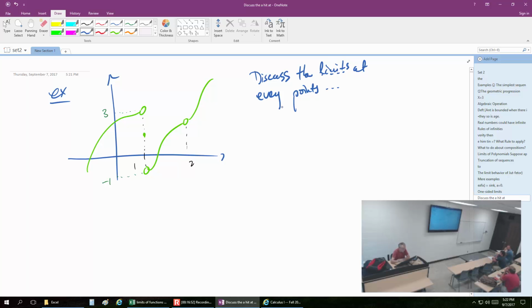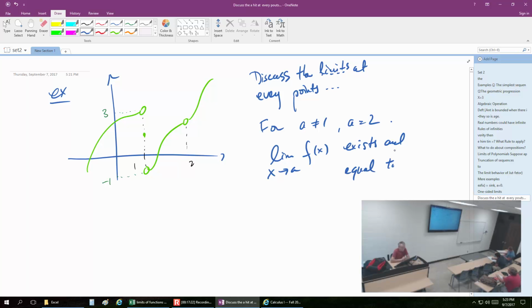There are only two suspicious points, x equal 1 and x equal 2, and if we take them out of consideration for a moment, then for a not equal to 1, a not equal to 2, the limit of f of x as x goes to a exists, and is equal to, what is it equal to?